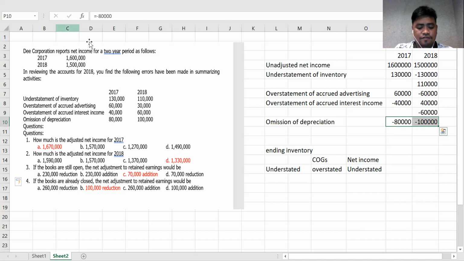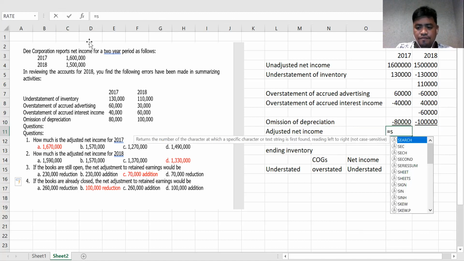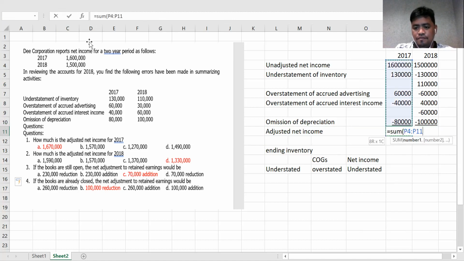So you have the adjusted net income. For 2017, your adjusted net income would be 1,670,000.